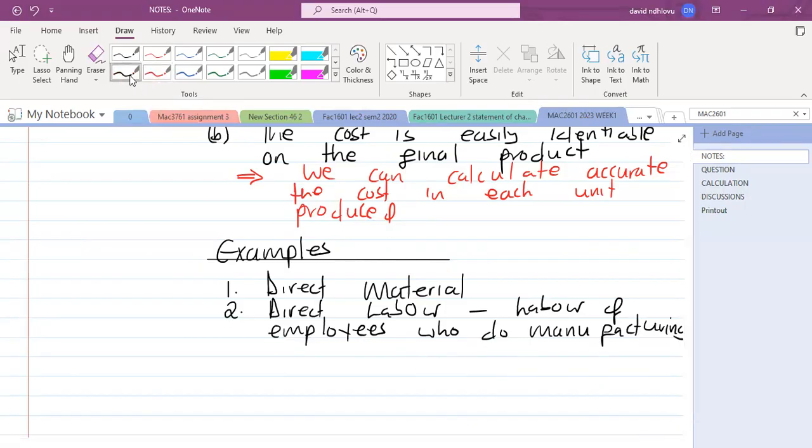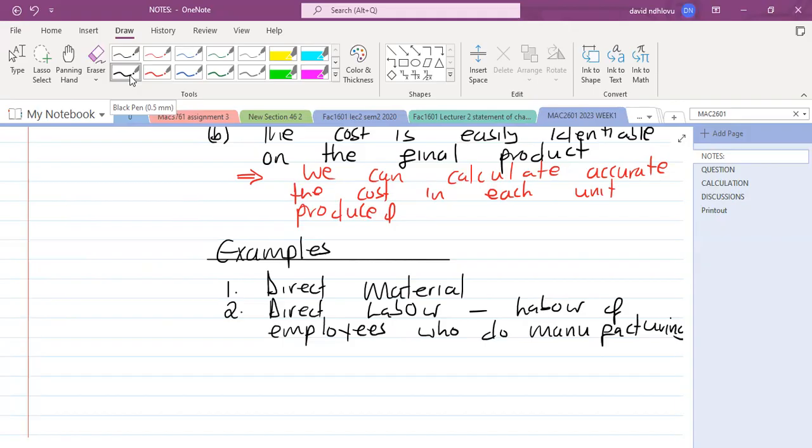They are directly involved in production. So now we don't include management, like your factory supervisor is not a direct employee. We don't include your production manager, he is not a direct employee. We don't include cleaners in production. They are not direct employees because they don't actually do manufacturing.